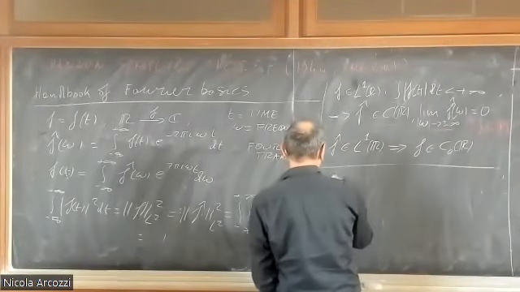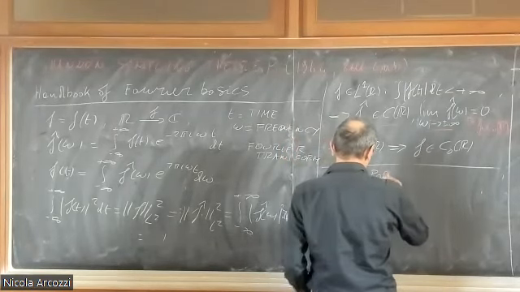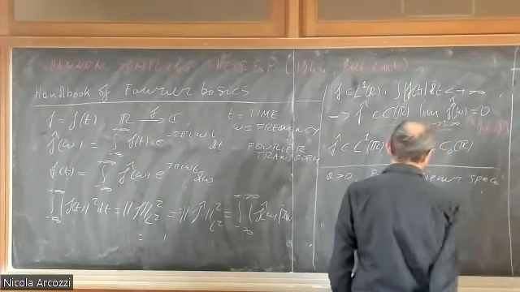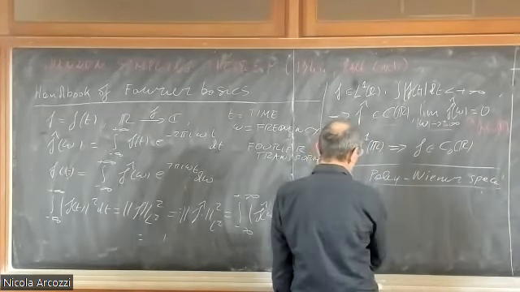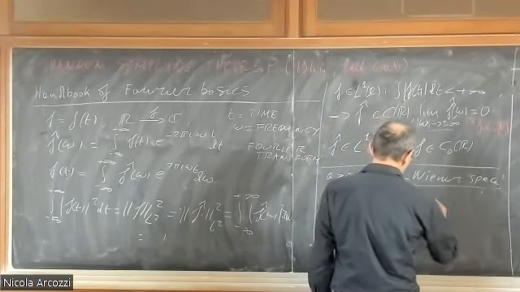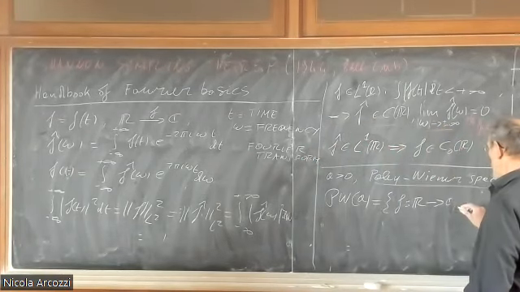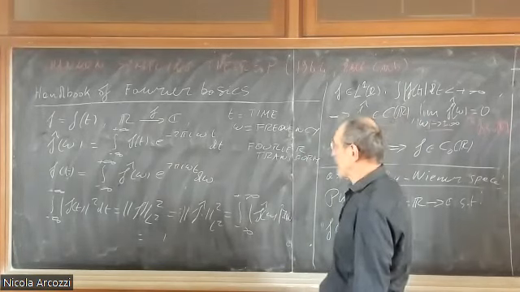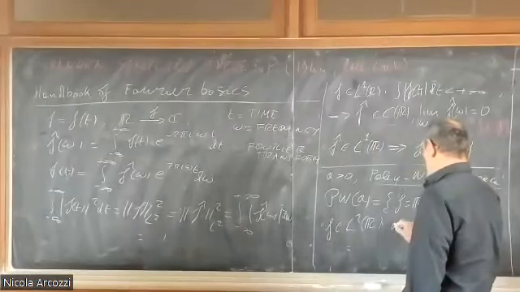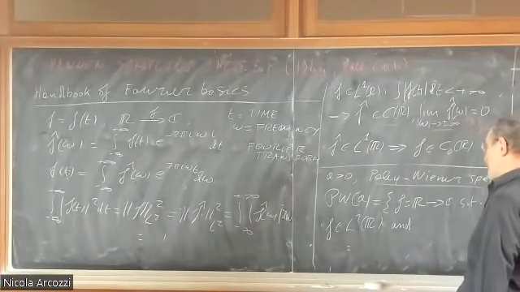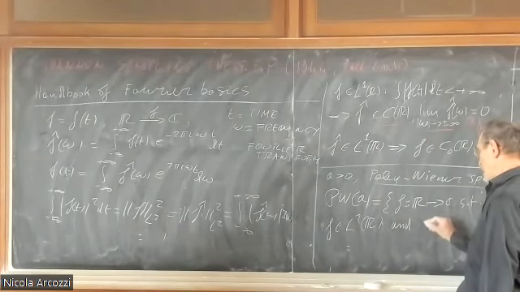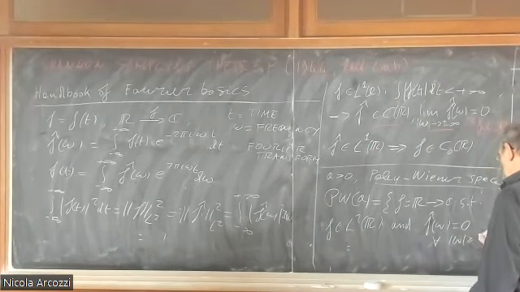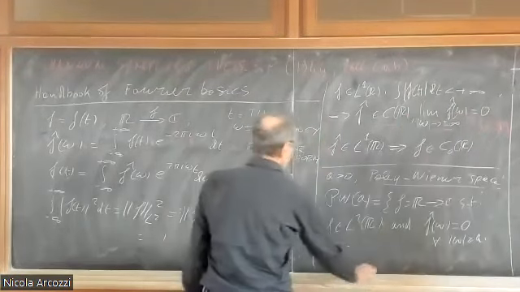So let us fix a number A. Then we define the space B_A, which will be taken of all functions f so that f is in L2, which means that the norm is finite, and f hat at omega is equal to 0 for omega greater than A over 2.